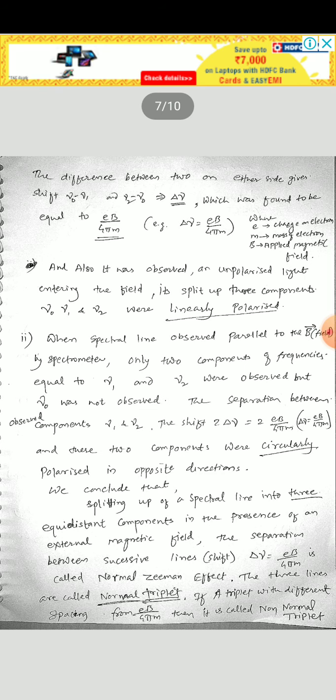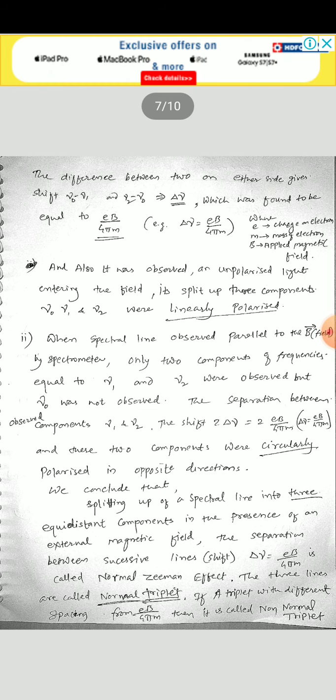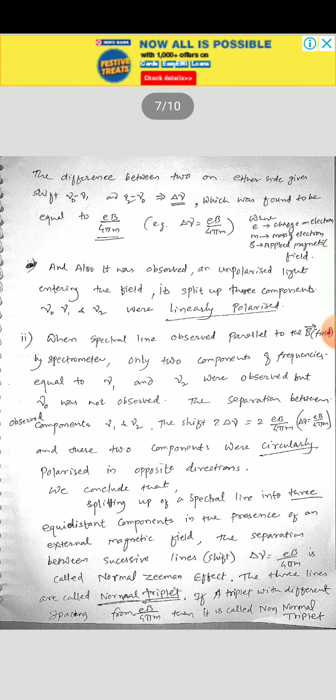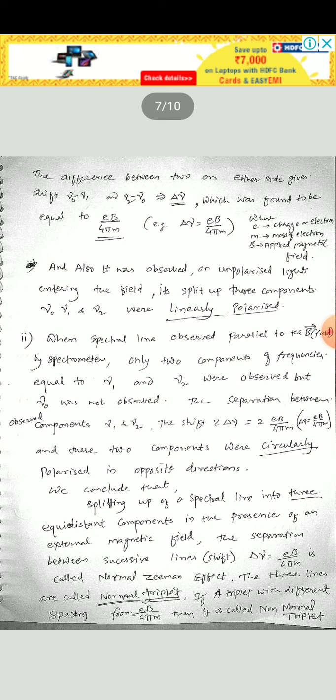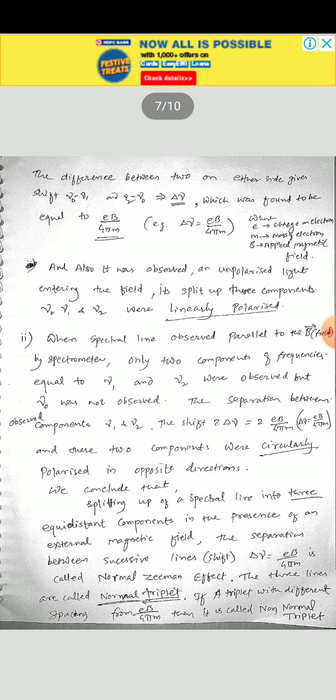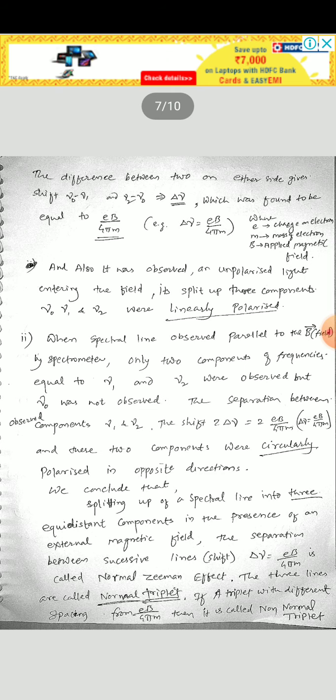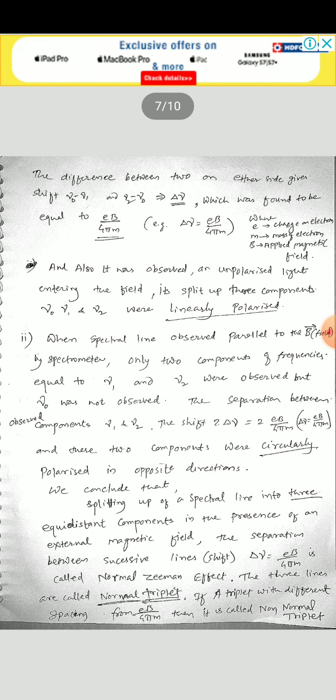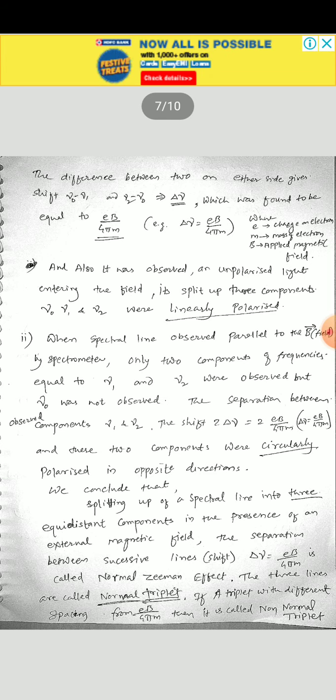Now, the splitting of spectral lines into three equidistant components: the difference between any two successive frequency lines gives equidistance. The separation or the difference is the same. Nu naught and nu 1 on the left side, nu 2 and nu naught on the right side, so this difference is always equal.